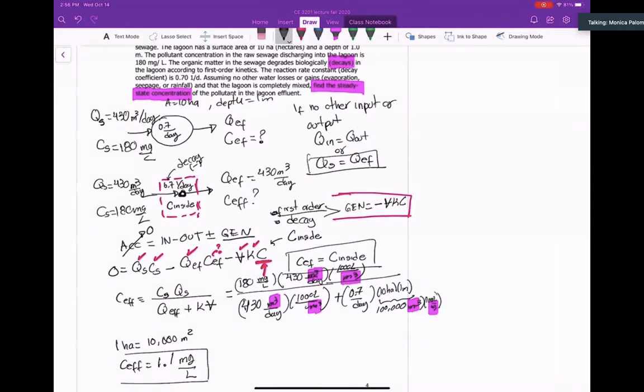So my advice is to approach the mass balance problems like this. Set up the whole mass balance equation, and I'm going to tell you where is a common mistake for everybody. In the exam, I have seen that students jump immediately into solving for different terms rather than setting up the equation. And the big mistake falls here. When you set up the equation for the sign of the decay, the generation term, when you're solving for this, you move it onto the other side of the equation and it goes positive.